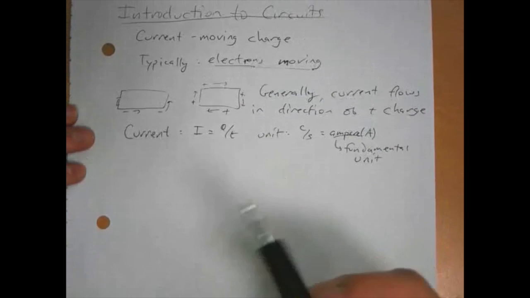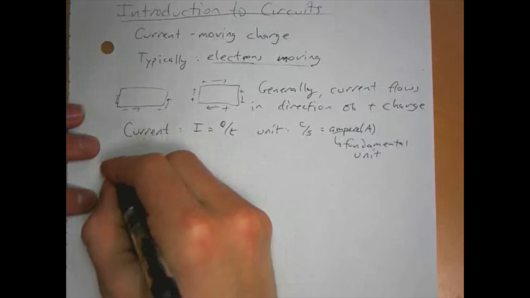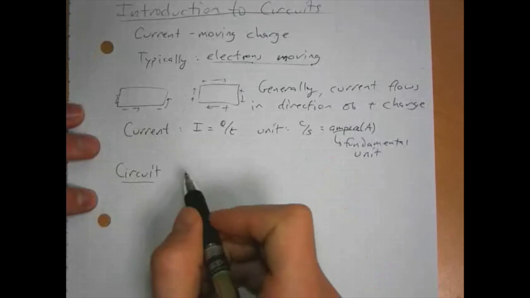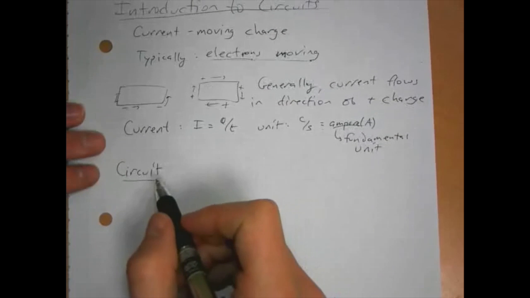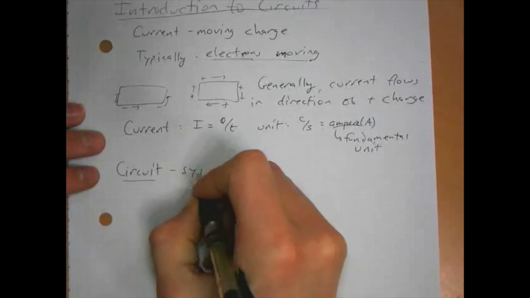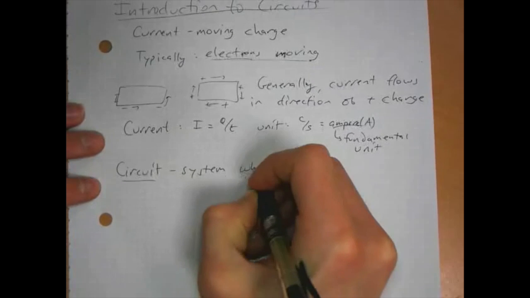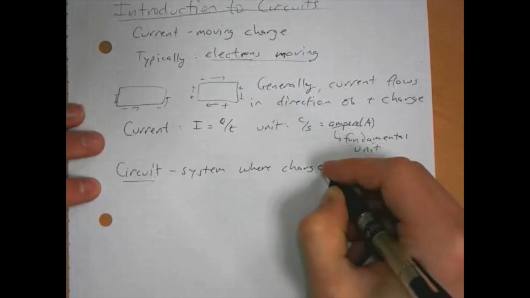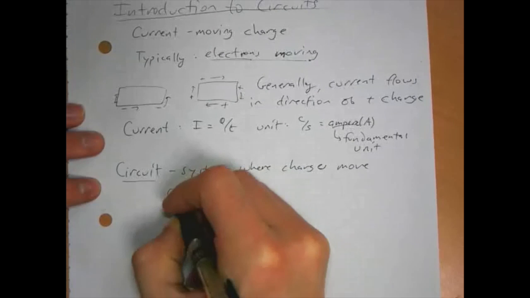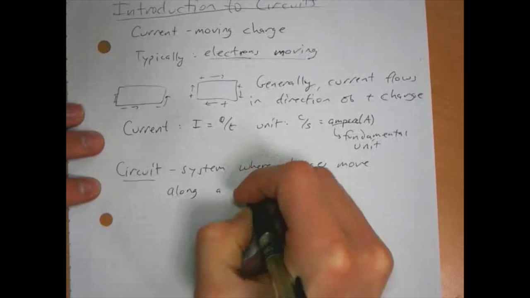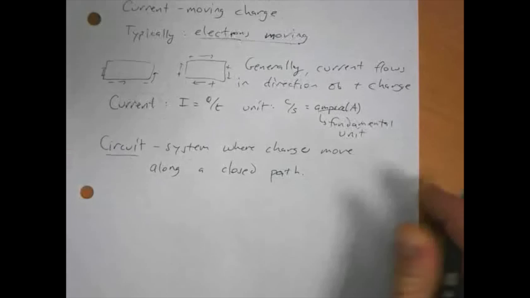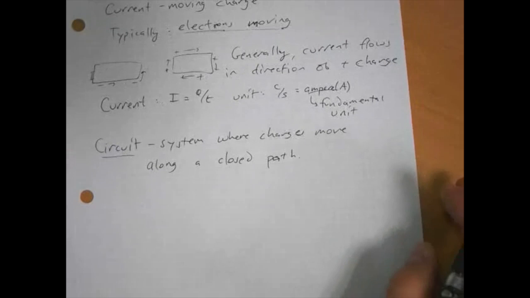Some more terms. A circuit, which I used the term already, but didn't really define it. A circuit is a system where charge moves along a closed path. Basically, all electronic devices are circuits of some level of complexity or another.